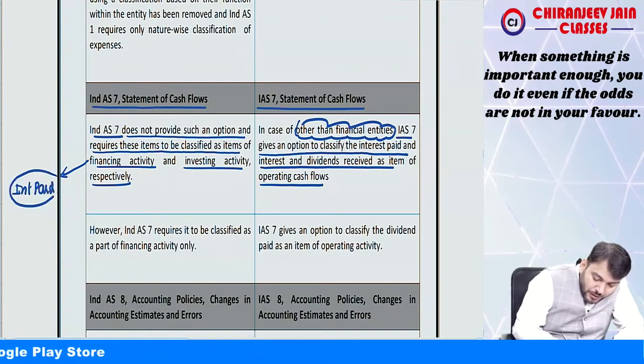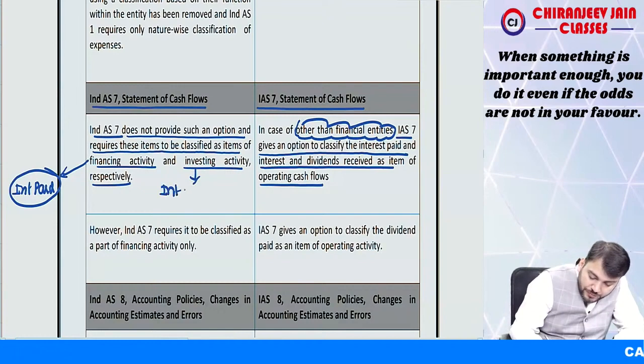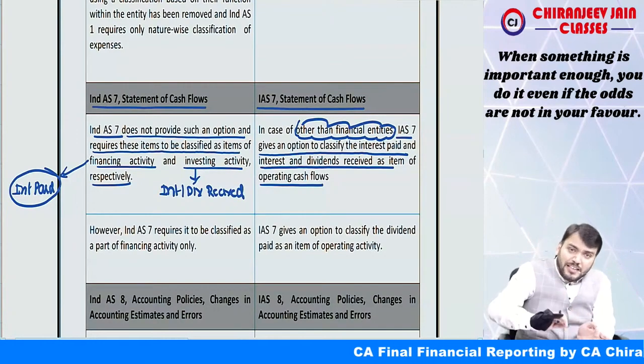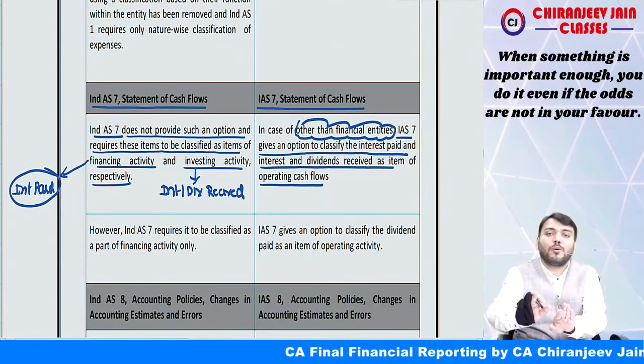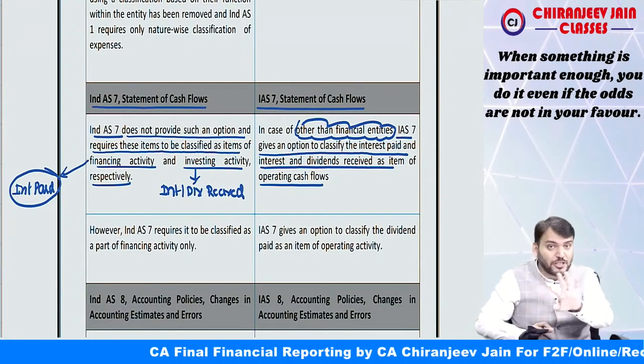Means interest paid will be financing activities, and interest and dividend received will be investing activities. But under IAS 7, it can be either investing or financing or operating activities. An option has been given to the entities. Yes, sir. Such option has been removed.